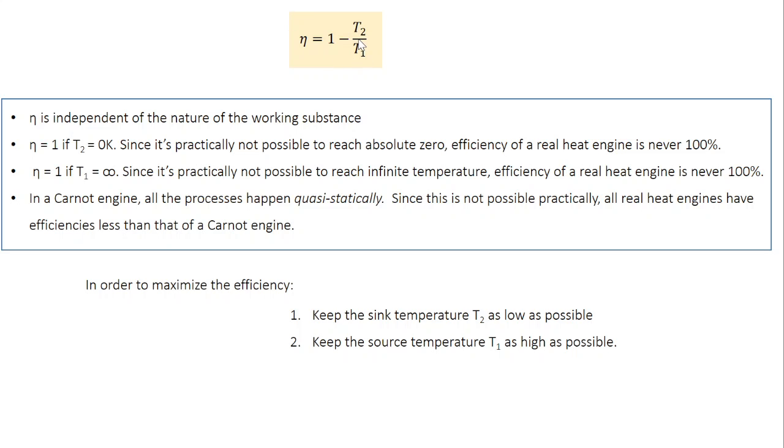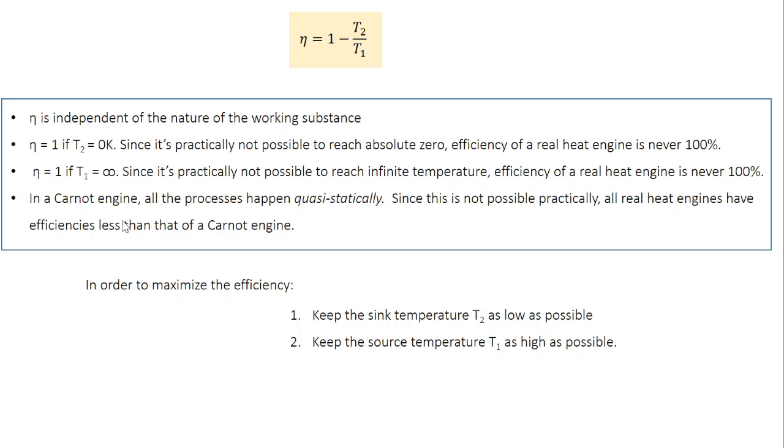T1 equal to infinity. So you divide anything with infinity, you get 0, right? Now once again, it is not practically possible to reach infinite temperature. You can reach very high temperature, but infinite temperature not possible. So once again, the efficiency of a real heat engine is never 100%.